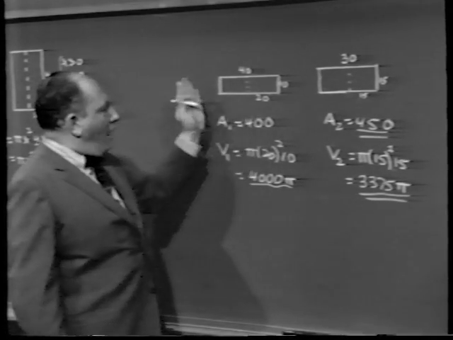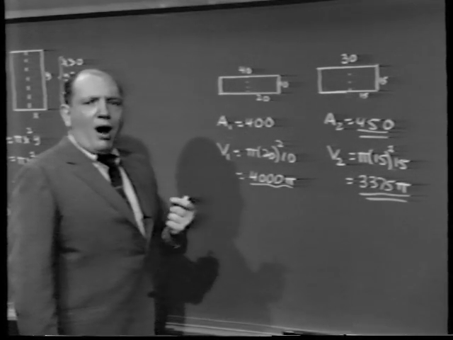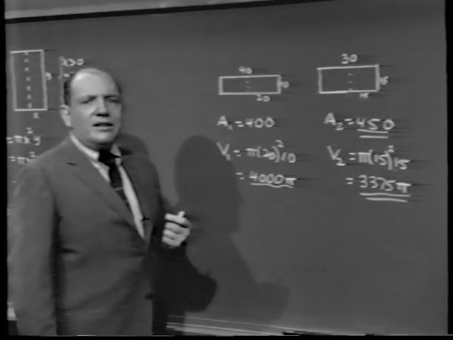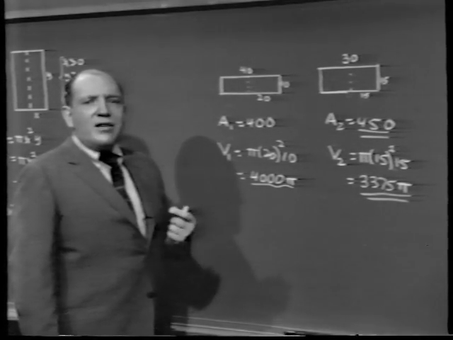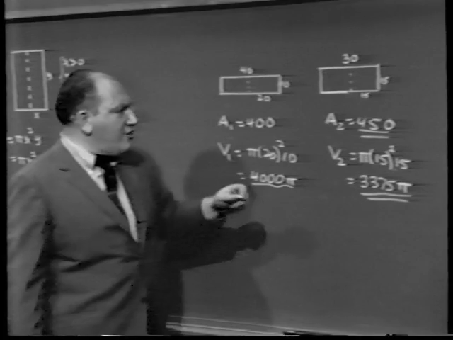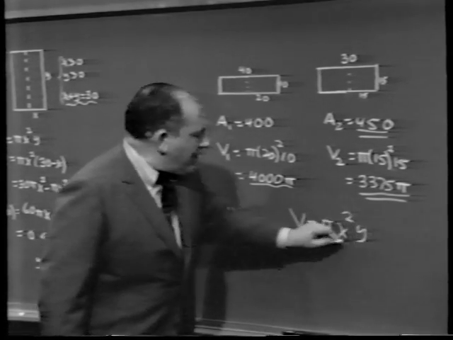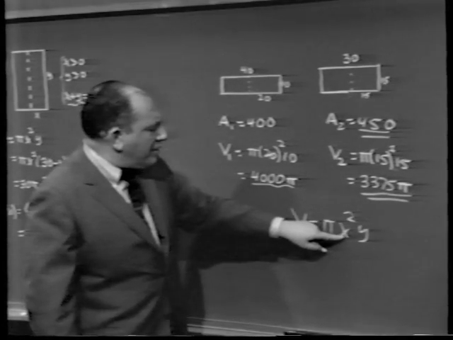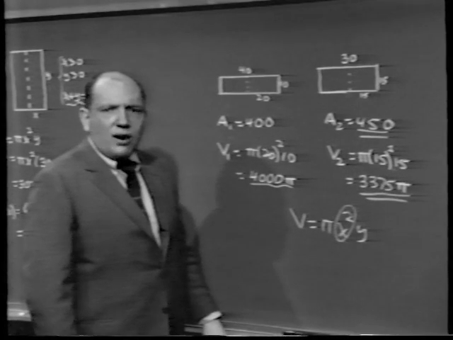But notice that when you revolve this thing to form the cylinder, the smaller cross-sectional area generates the larger volume. And the reason, of course, for that is that the relationship in our variables was not linear. In other words, notice that when x is large, a relatively small change in x produces a large change in x squared.